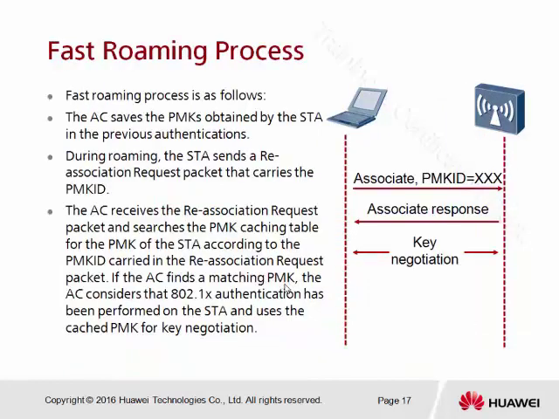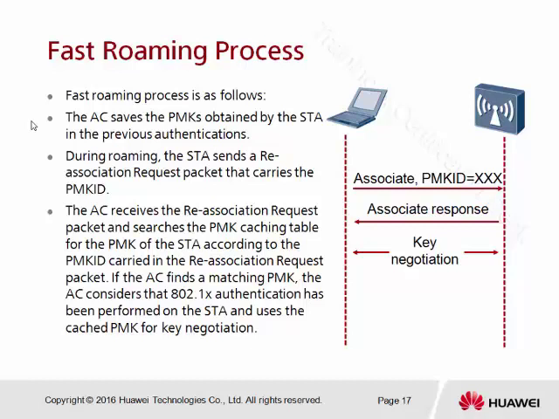So this is the fast roaming process I explained just now. Only at the start do they need to associate with the PMK ID, the associate response between the PC and the AP. Then the next thing they need to do is just exchange the key negotiation. They have the following advantage.